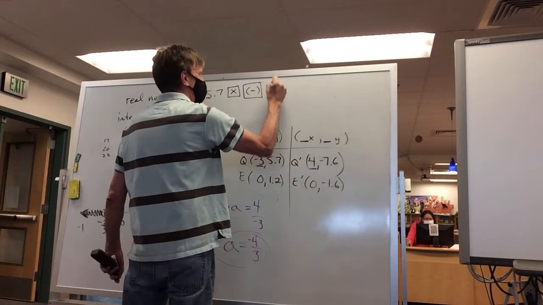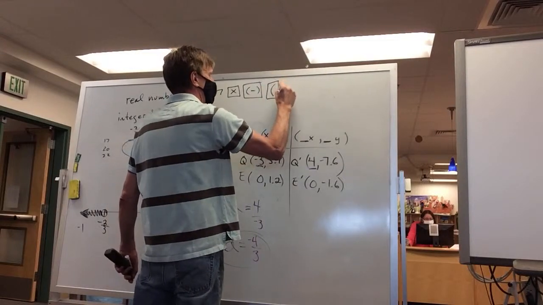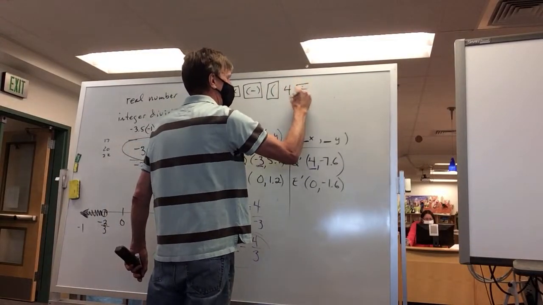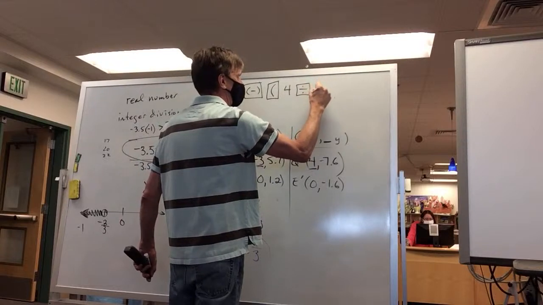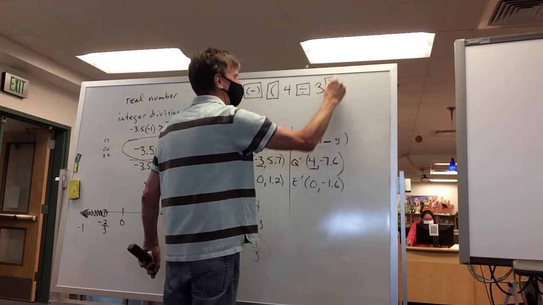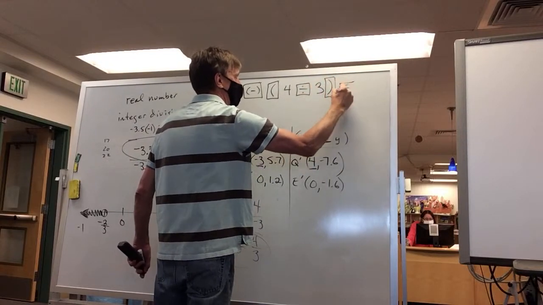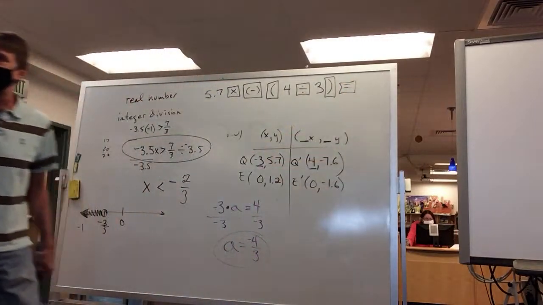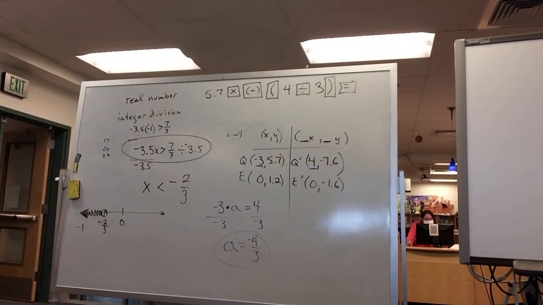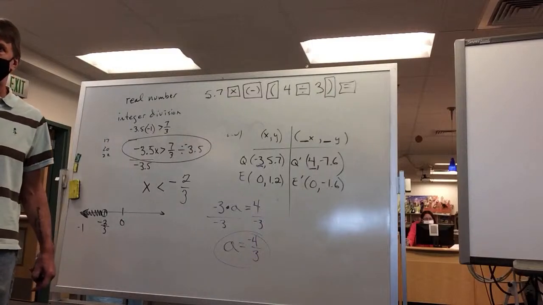Then use your parenthesis, 4 divided by 3, and then the right-hand parenthesis, and then hit equals. It's going to spit out a decimal number, -7.6.